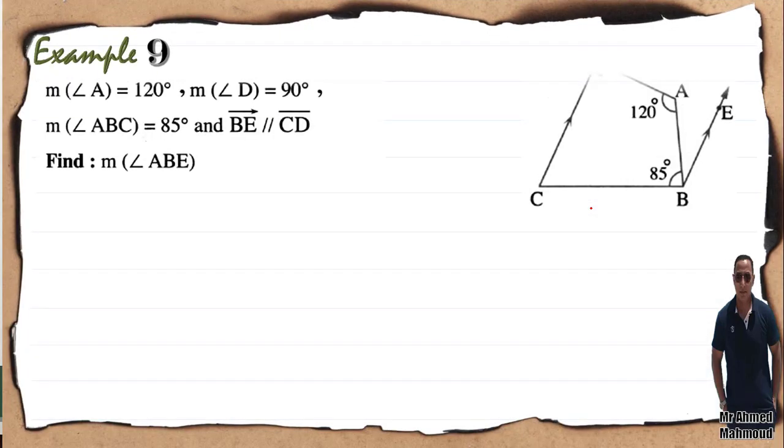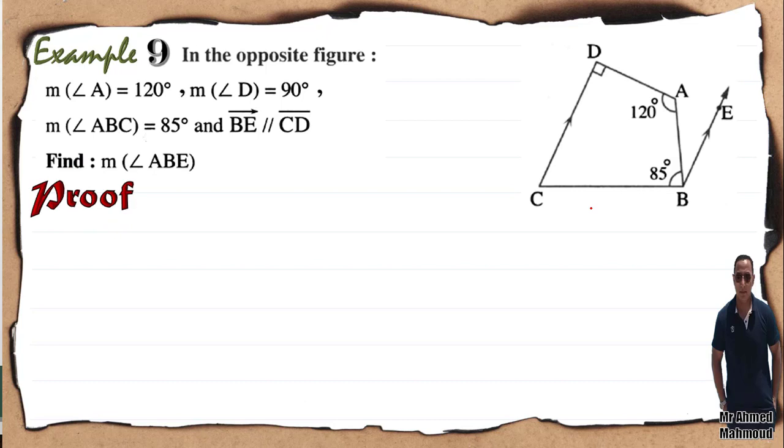Example 9. In this example, find the measure of angle ABE, but the givens are angle D equals 90, A equals 120, ABC equals 85, and BE parallel to CD. First, I need to find the measure of angle C. How come? By using the quadrilateral.